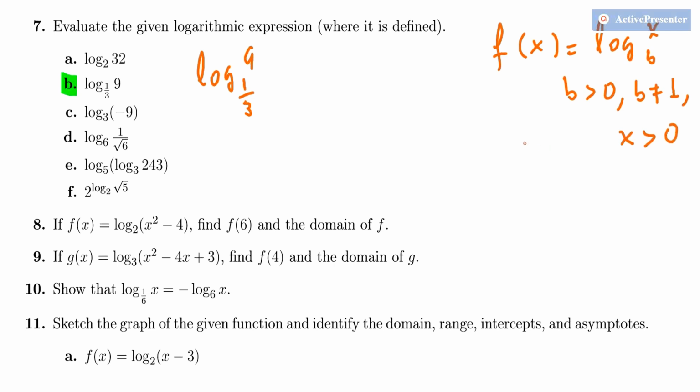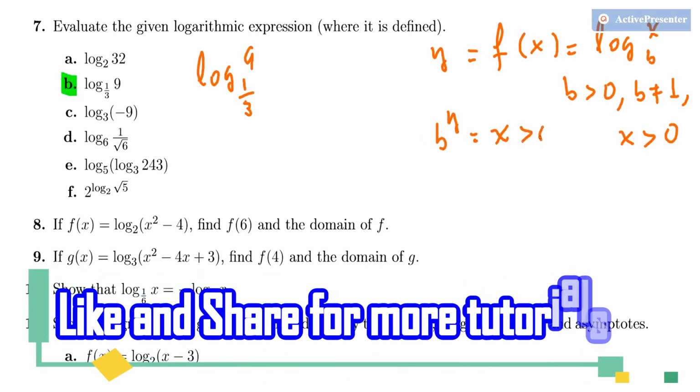So logarithm cannot take a negative or 0 result because when you change it into exponential form, b to the power of y equals x. So these two are inverse functions. You can see that b to the power of y is an exponential expression which is always greater than 0. That's why x must be greater than 0.